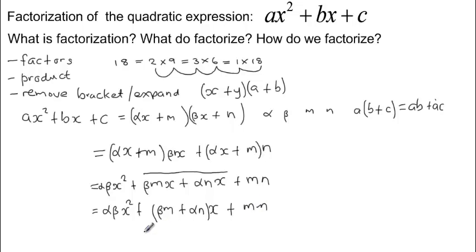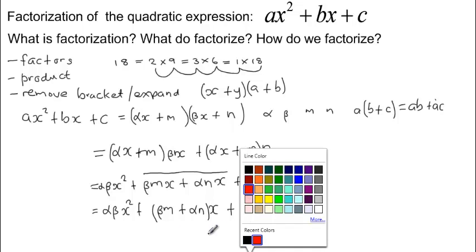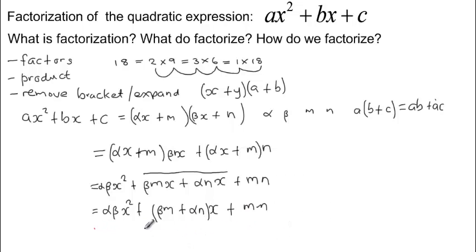Now, having this, we can see that we've arrived at the general form of the quadratic expression. We call this form of quadratic expression the general form of the quadratic expression. We've written it in the form that suggests how we must go about factorization if we know that the factors are of this form.